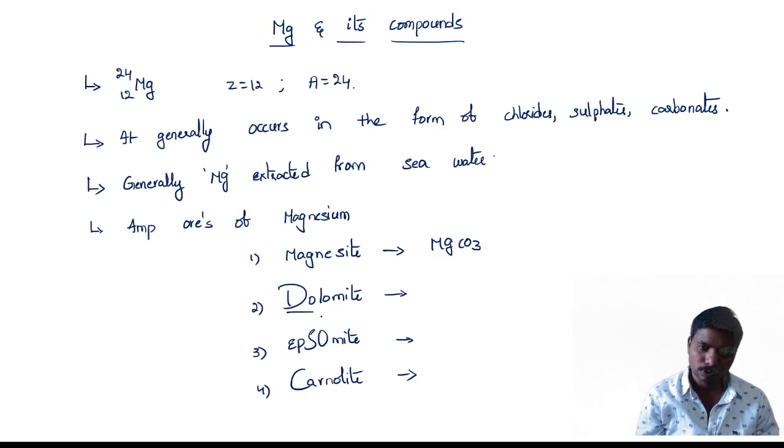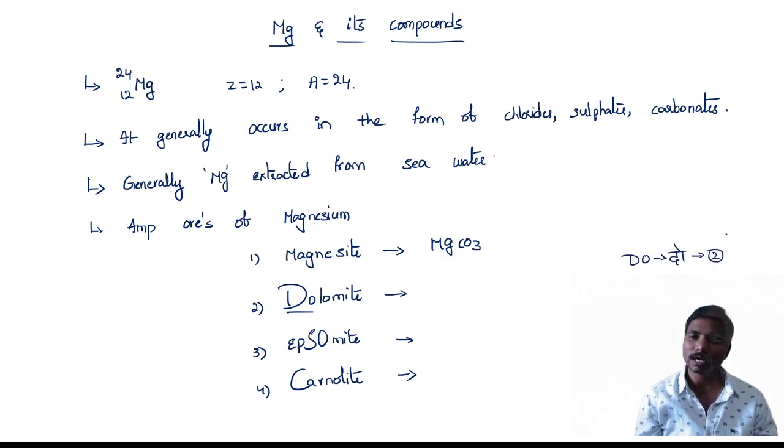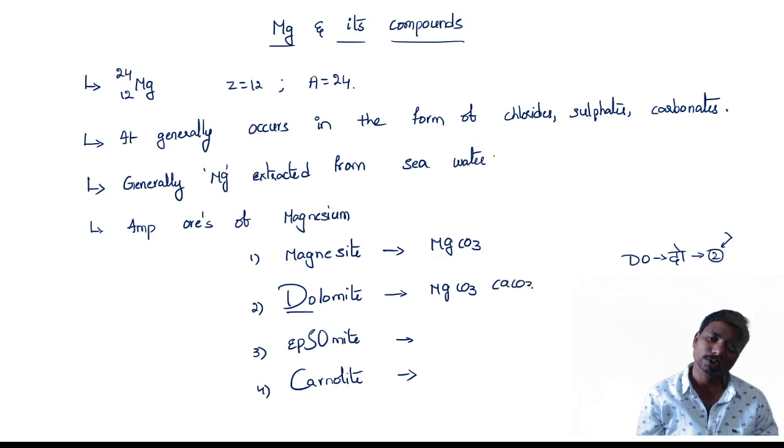Here Do. So just remember some trick. Do is call it as Do. Do means two. So it is the carbonate of two elements. Already magnesium carbonate with another element is nothing but calcium carbonate. So just remember like this.